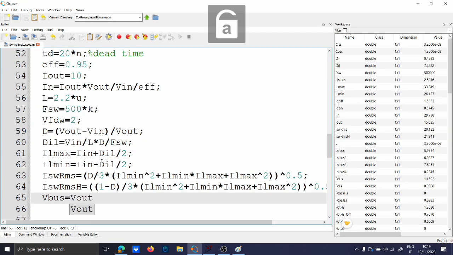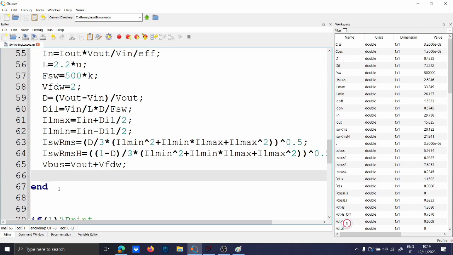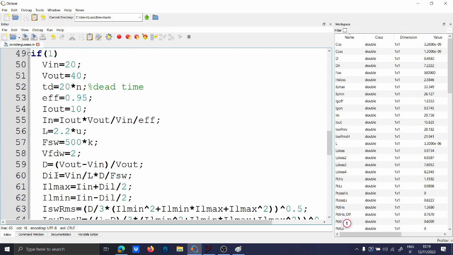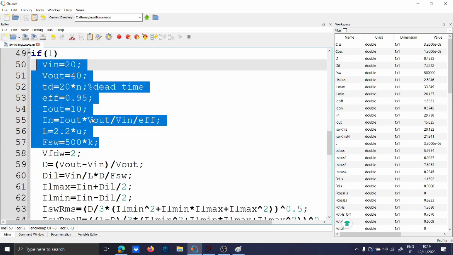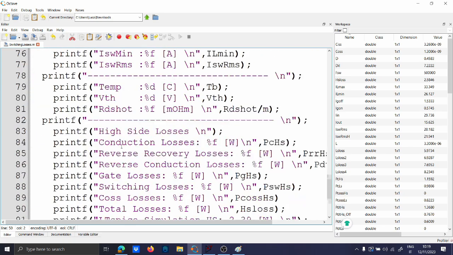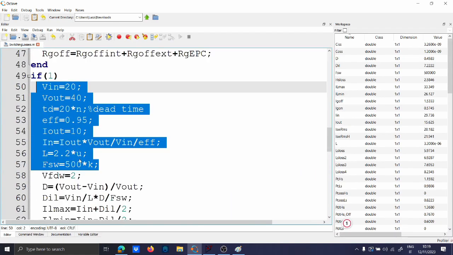V bus is equal to V out plus V forward. And with this, we inserted all the parameters of our converter. The beautiful thing about the script is that you can just insert this, and you will automatically have all the losses calculated. I think that it is very beautiful.